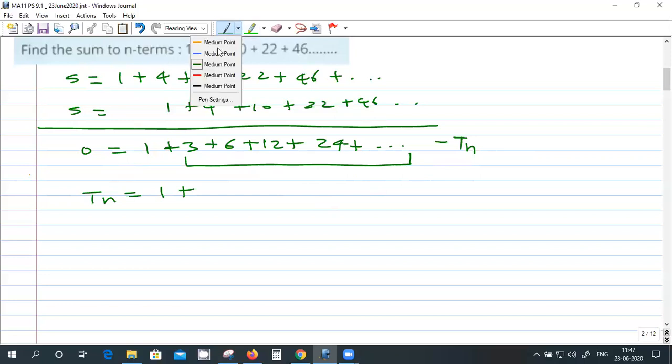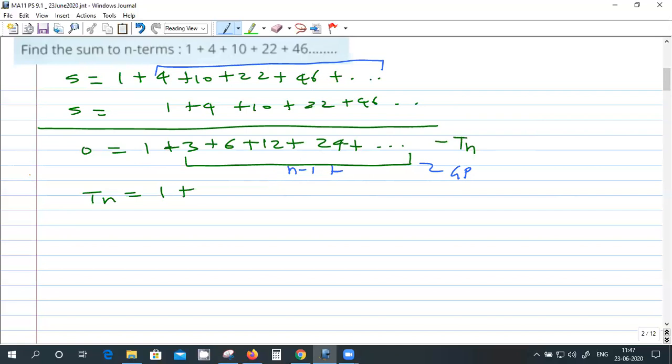No. What is it? GP. So GP, and how many terms are there? N terms. It's from here to here, right? How many terms? N minus 1. That's very important, otherwise you'll get the wrong answer.